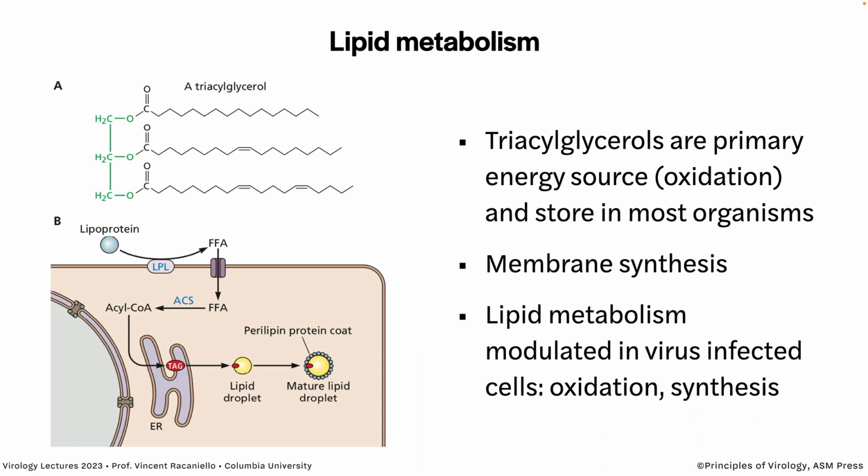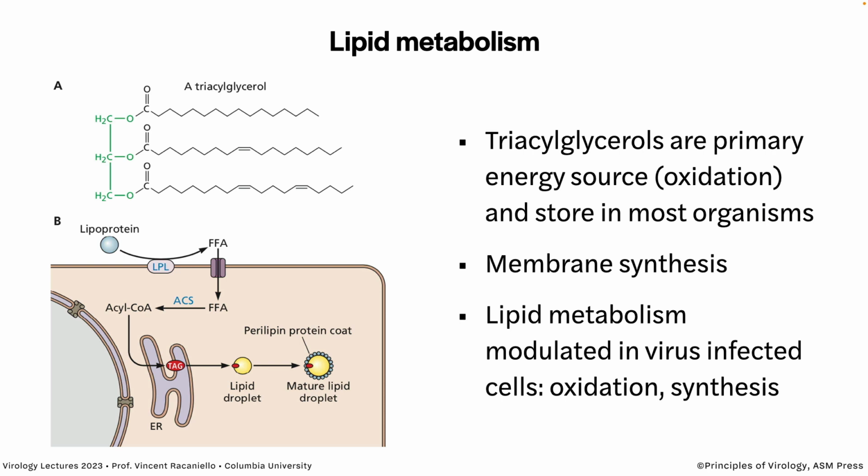And to be stored in the cell, they are degraded by lipoprotein lipases on the plasma membrane to form free fatty acids. Each of the chains, of course, is a fatty acid. Fatty acids are imported into the cell. They're converted to acyl-CoA, and then eventually to triacylglycerols, which are incorporated into lipid droplets.